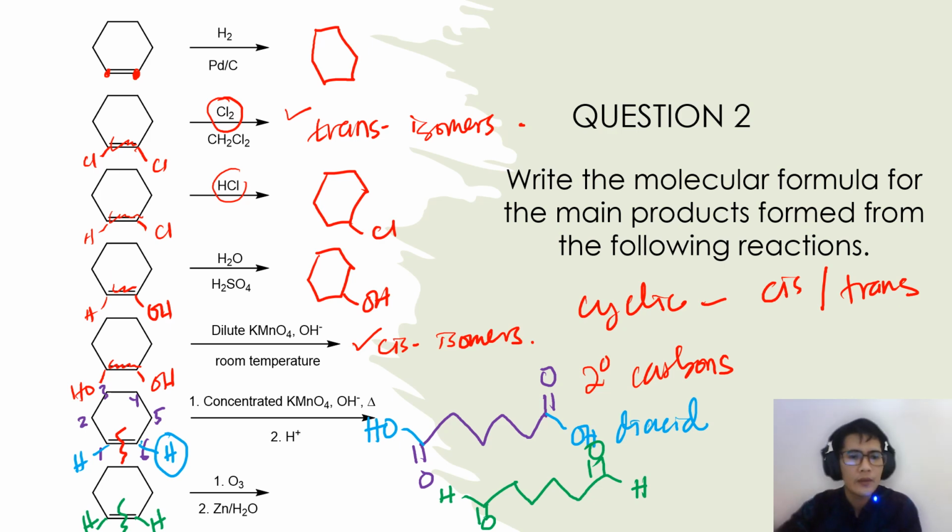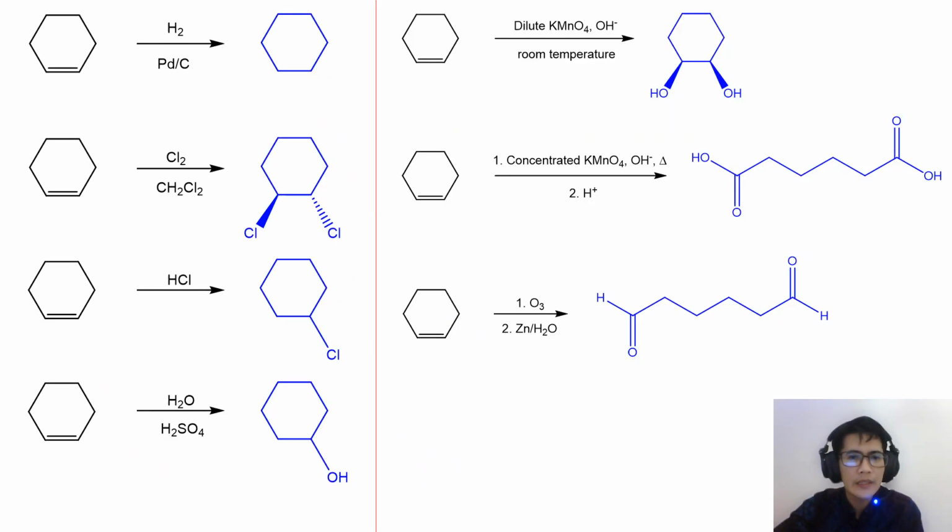Alright, so how about the equation? So it's actually like this. Okay, so for the first reaction, you will get the alkane, okay, the cycloalkane. The second, you will get the dihalide, okay, the vicinal dihalide in the trans isomers, okay, trans dihalide.